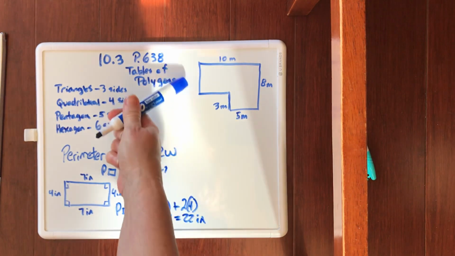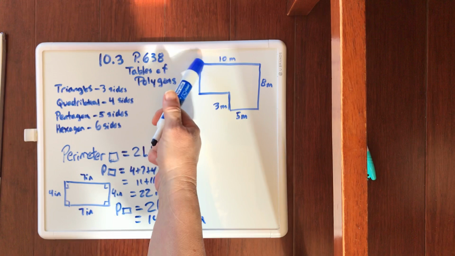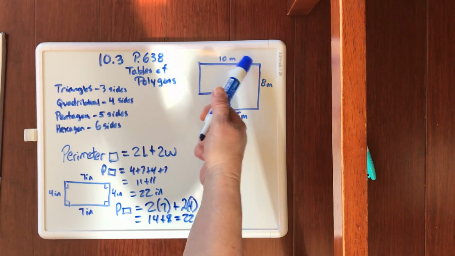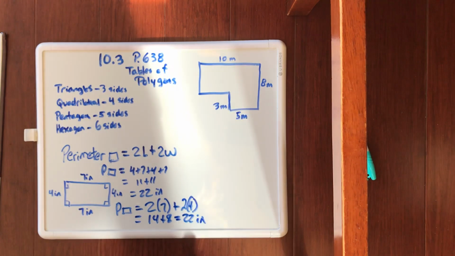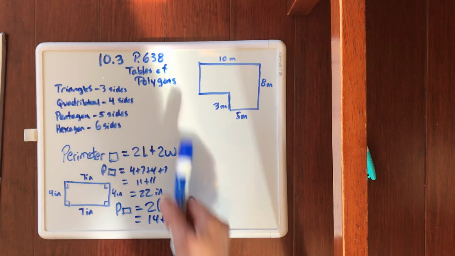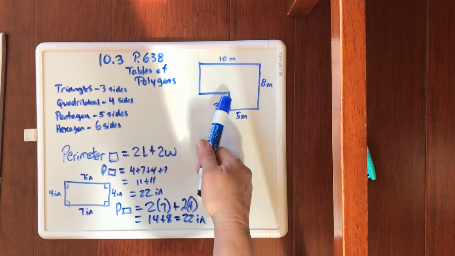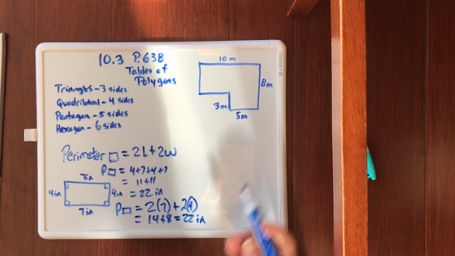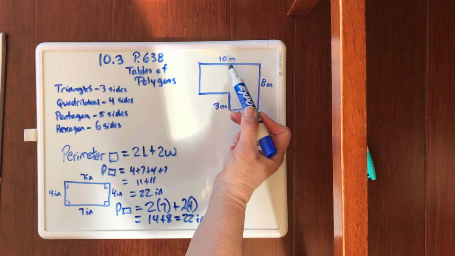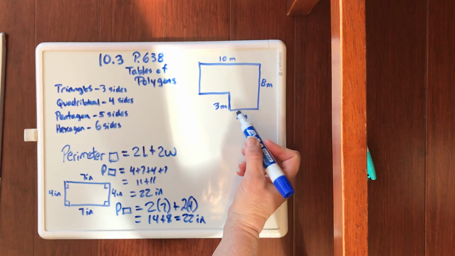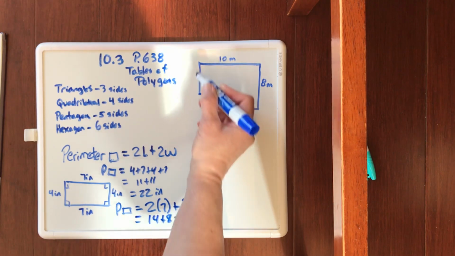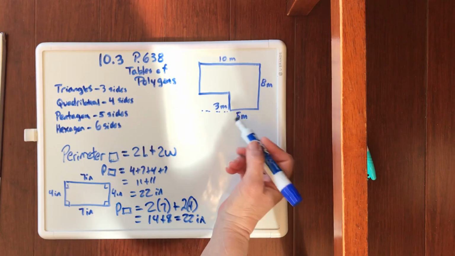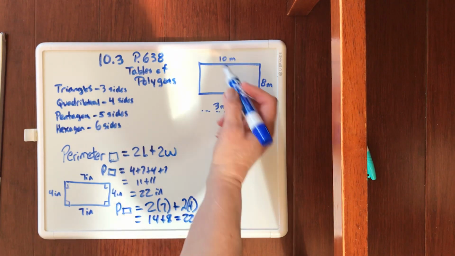We're going to go to this problem right here. All right, we have 10 meters, 5 meters, 8 meters, and 3 meters in this little piece. How are we going to find the perimeter when we don't know this and we don't know this? Well, let's start off. If this is 10 meters and this is 5, if we were to go over so that this measured exactly with this, what would we need to put here to make this 10?